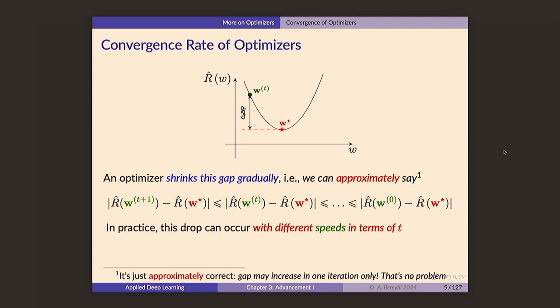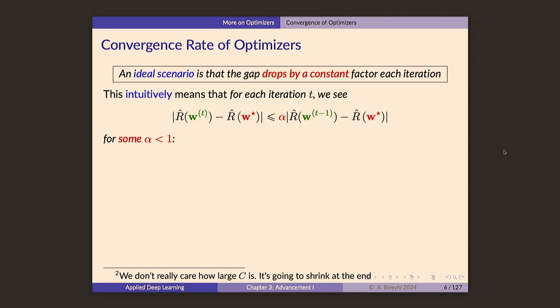Now, the question is how many iterations t, if I start with iteration 0, should I take in order to have a small enough optimality gap between my current weight and the optimal weight? Okay, so this is what we call the convergence rate.